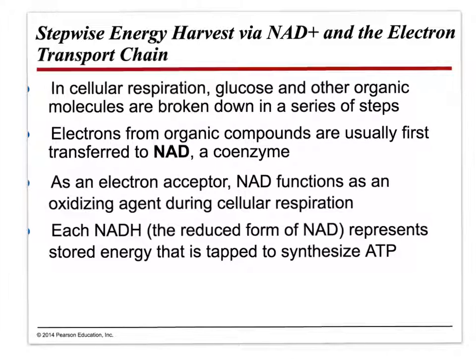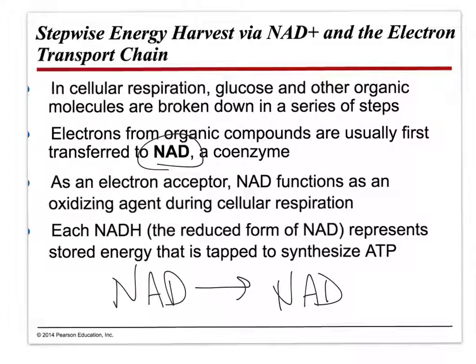So NAD is the electron carrier. And it is reduced to what? NADH. We're following the hydrogens. So NADH is the reduced form of NAD. What it does is represent stored energy.